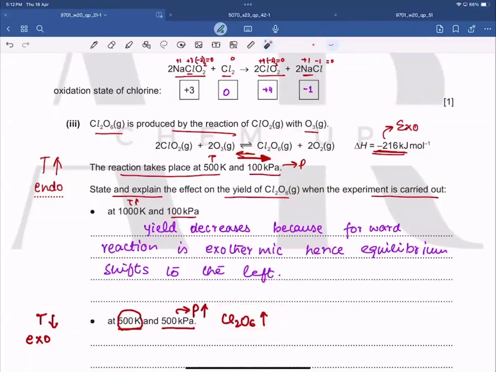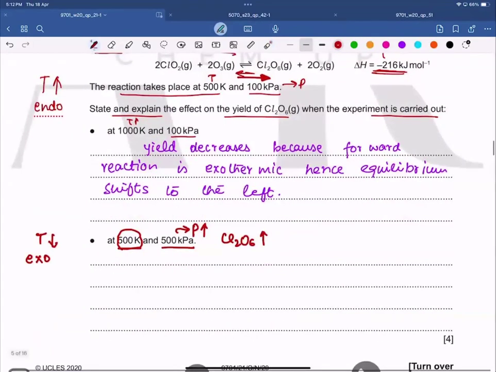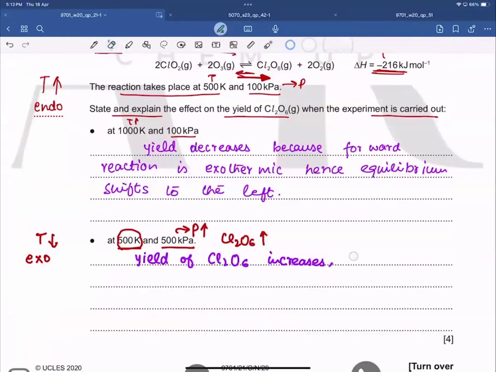So what we will write, we will first state what happens to the yield. In this case, yield of Cl2O6 increases. And we have to explain the reason as well.